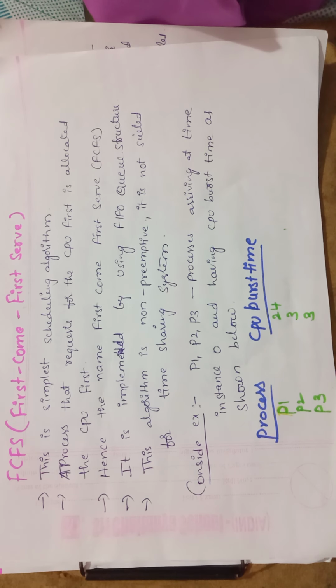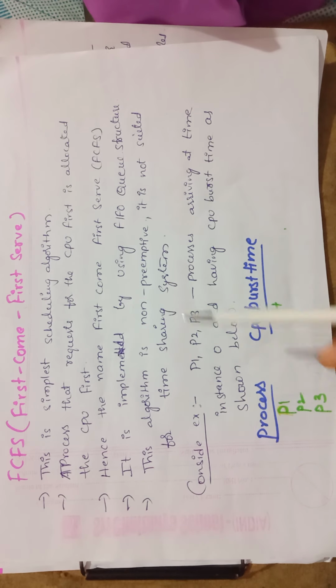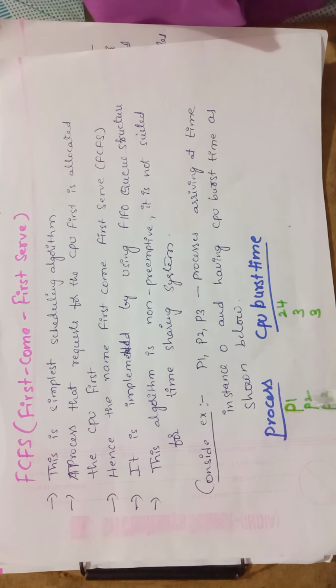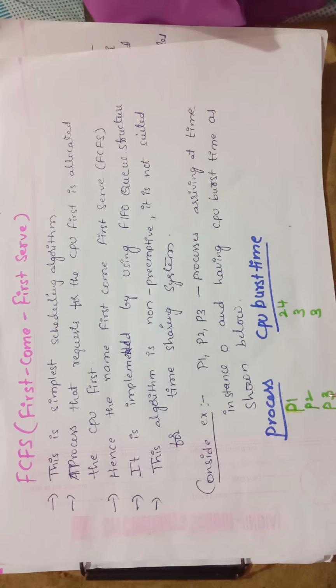Now we'll prepare the Gantt chart for this. Which process is going to execute first in the first come first serve algorithm? First P1 will execute, after that P2, after that P3.